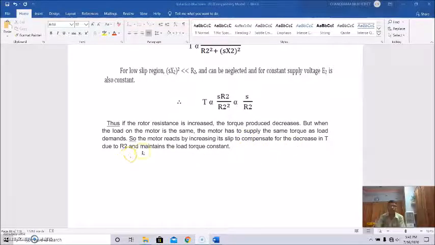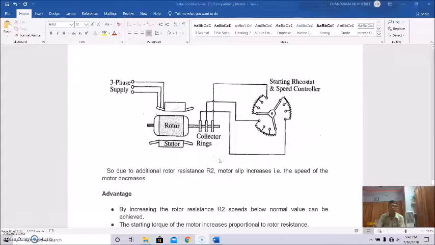What will happen? As a result, the speed will be sacrificed. The motor reacts by increasing its slip to compensate for the decrease in torque due to R2 and maintains the load torque constant. So due to this additional rotor resistance, the motor slip increases, that is, the speed of the motor decreases.